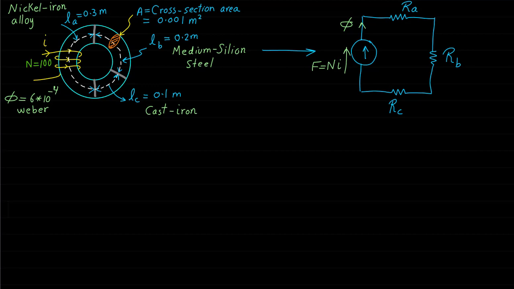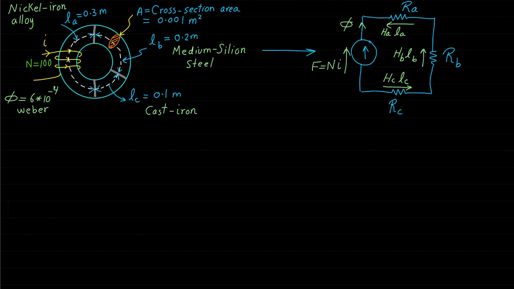Another important note is that the total magnetomotive force or the total ampere turns Ni will be distributed across the reluctances. The higher reluctance medium will require higher ampere turns across it, compared with the low reluctance medium.